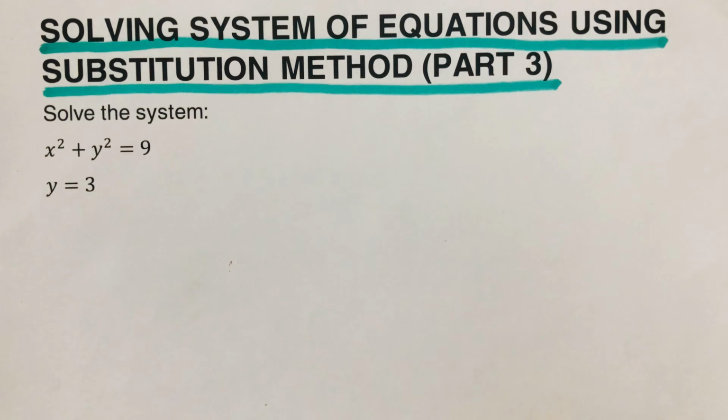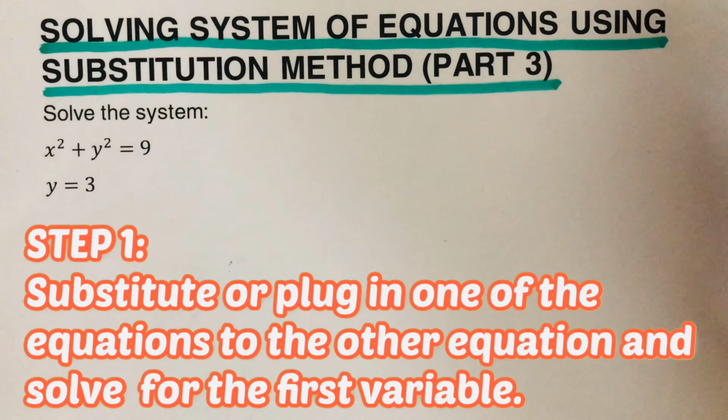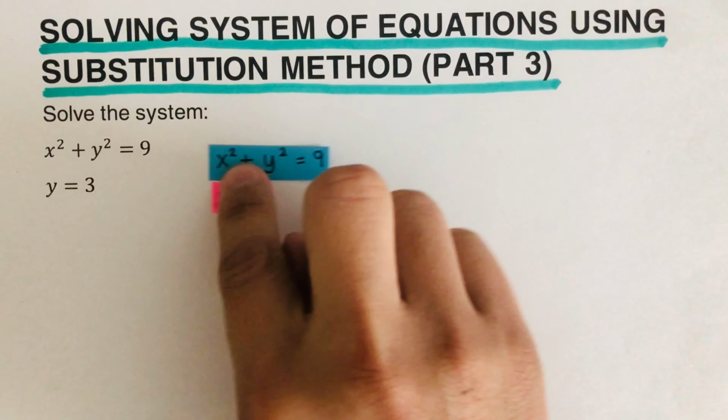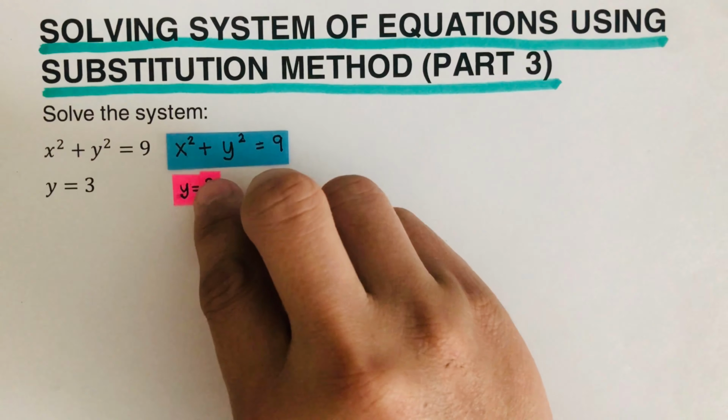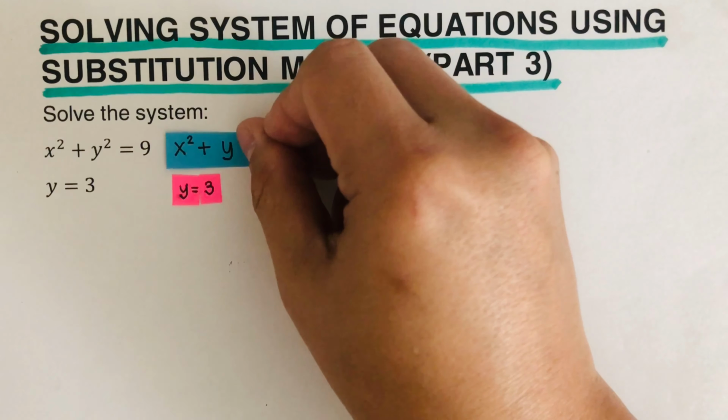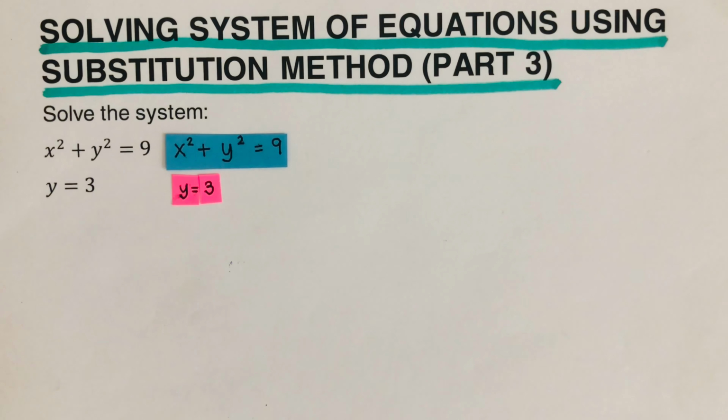Now we have some steps to follow in order to solve a system of equations using the substitution method. The first step is to substitute, or plug in, one of the equations into the other equation and solve for the first variable. To better visually see how substitution works, I created cards with the equations written on them.